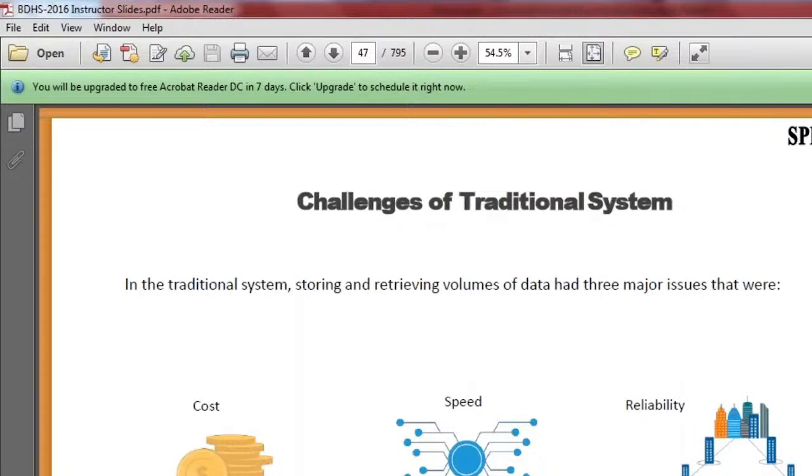Now, why can't we use a traditional system? What is the problem with using a high-end server? In your project also, if they have some resource constraint, they'll go with a higher server. If today I have 1 TB of capacity, I will go with a higher server which will have 2 TB or 5 TB.